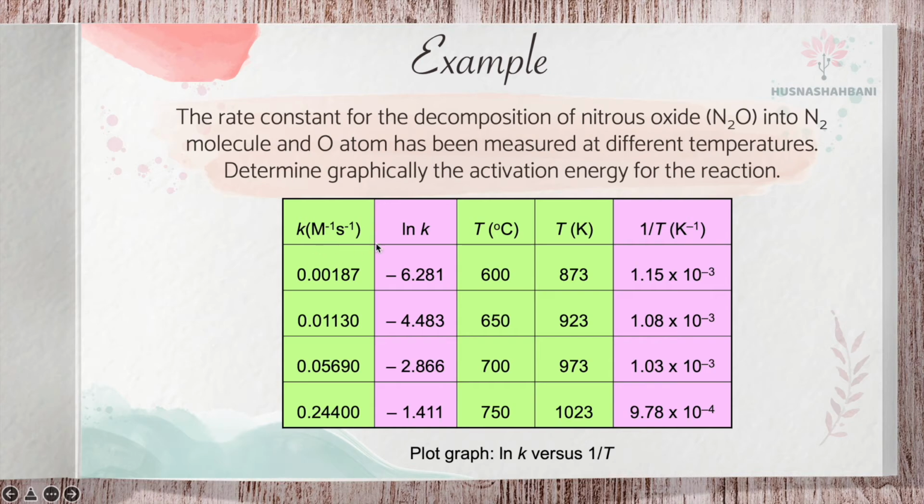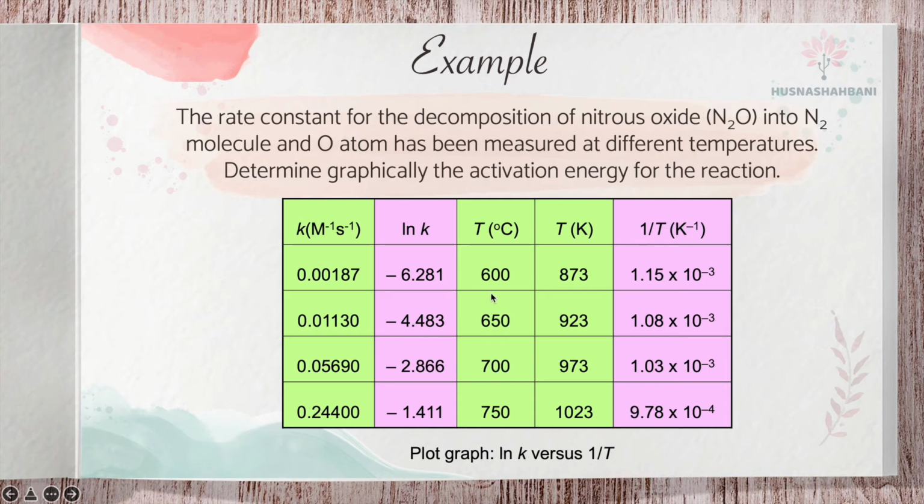So you have to construct a new table for ln k and then a new table for 1 over T. Make sure your temperature is in Kelvin because the gas constant R uses the unit Kelvin.